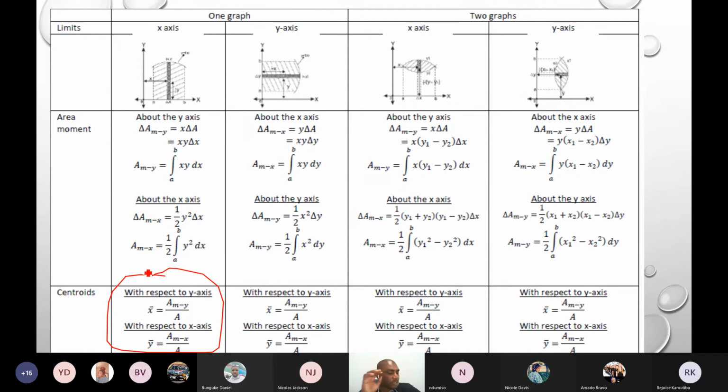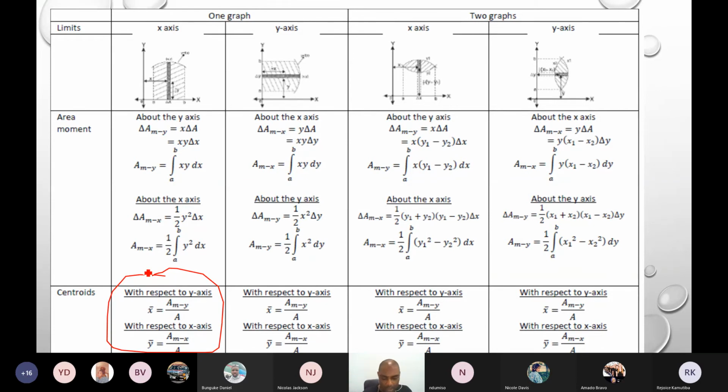This is what I've highlighted here. If your centroid is with respect to the y-axis, then you'll be looking for x bar, which is area moment about the y divided by area. If you're looking for a centroid with respect to the x-axis, it will be y bar, which is area moment about x over A. So you look at all this and then it helps you.